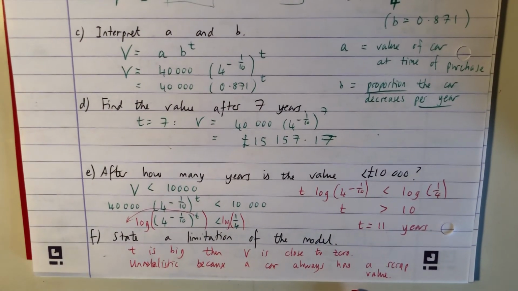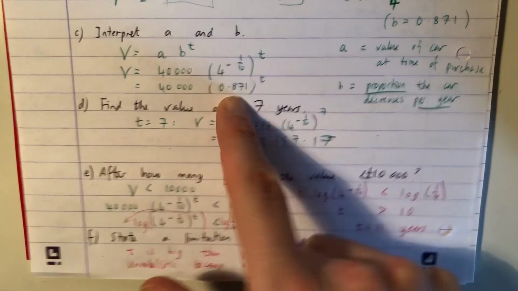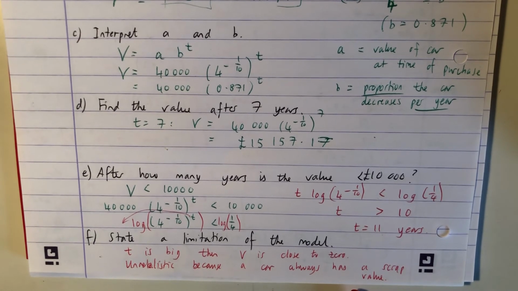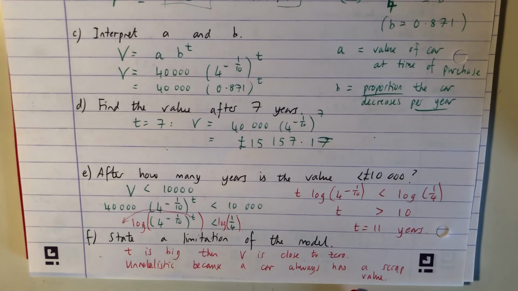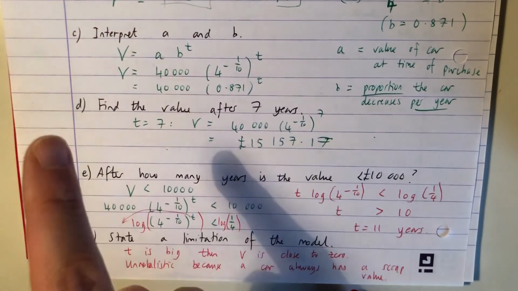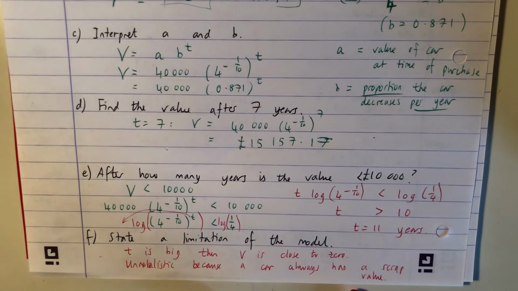Other things could be because it's expecting the same percentage decrease each year. Obviously, if the person driving the car crashes the car, then that value, or that percentage, will change. So it's not guaranteed to go down by the same amount each year. So the obvious one for me is that exponential models, especially an exponential decrease, predict the final value goes off to 0 when t gets really big.